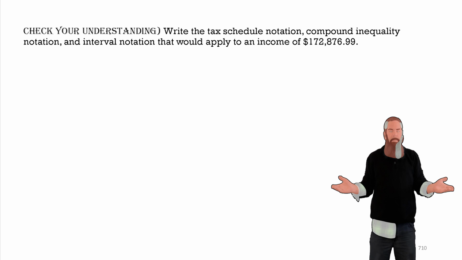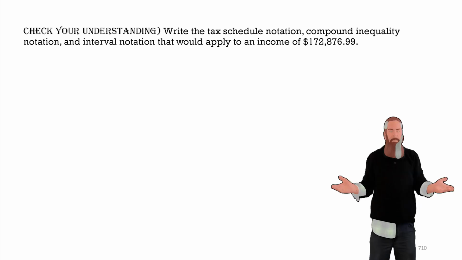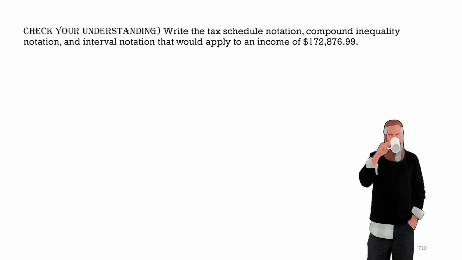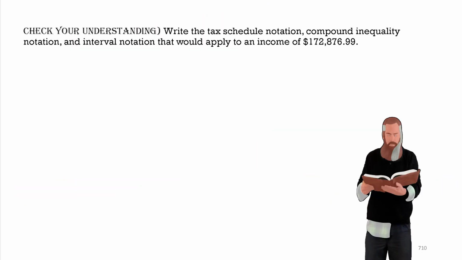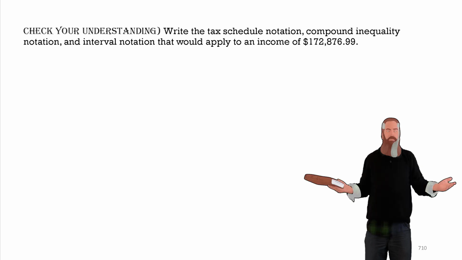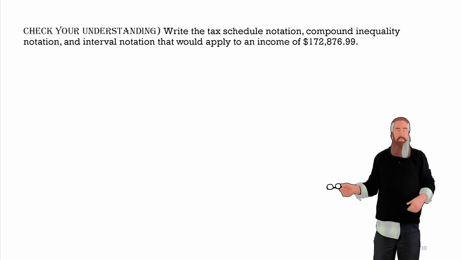Write a tax schedule notation, compound inequality notation, and interval notation that would apply to the income of $172,876.99. This means we're looking at over $168,400, but not over $321,450.